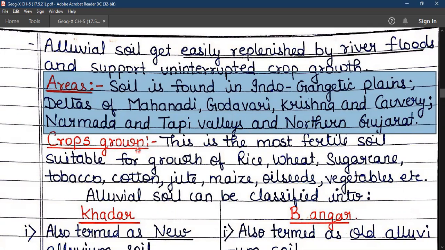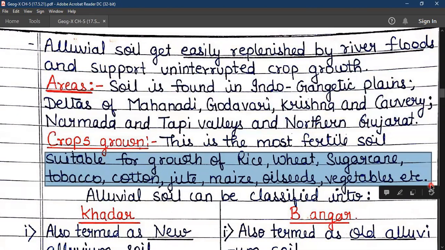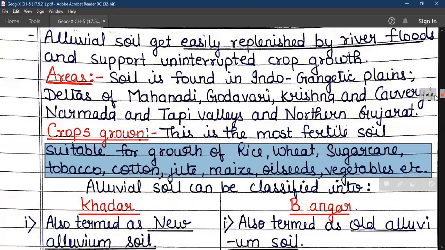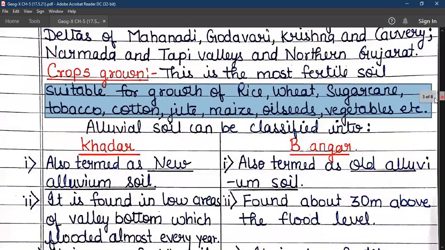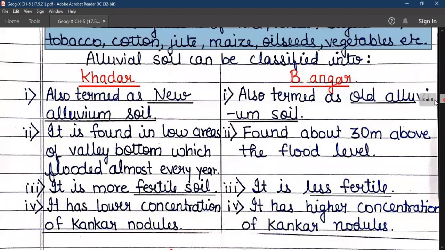Crops grown in this soil: this is the most fertile soil, suitable for the growth of rice, wheat, sugarcane, tobacco, cotton, jute, maize, oilseeds, vegetables, etc. Alluvial soil can be classified into Khadar and Bangar soil.